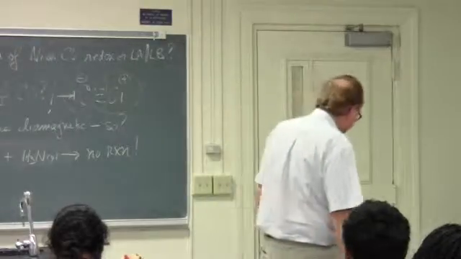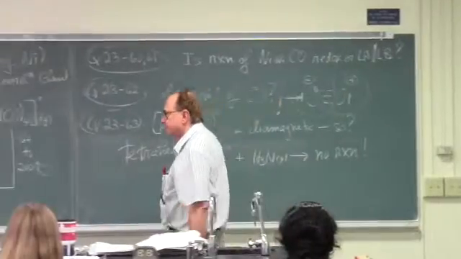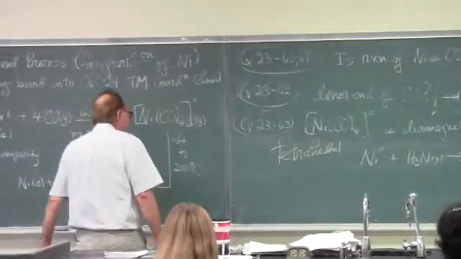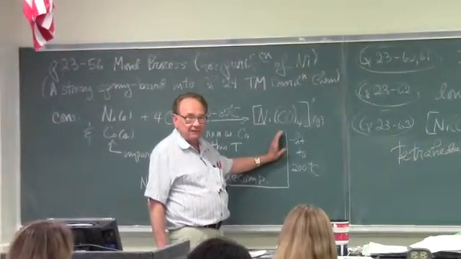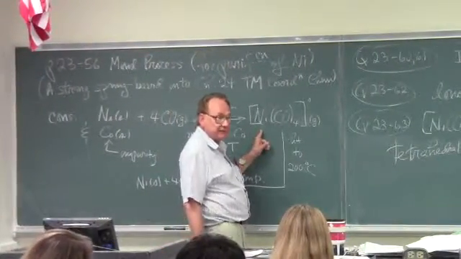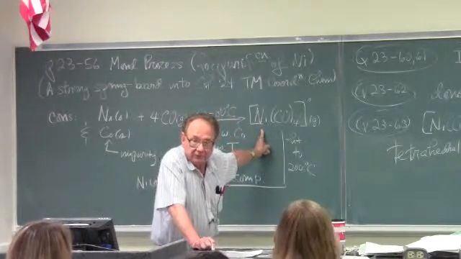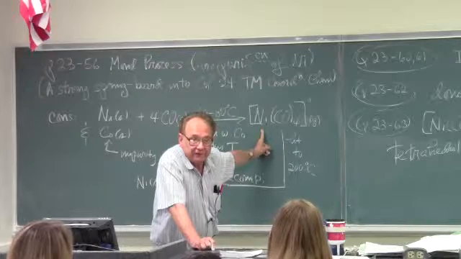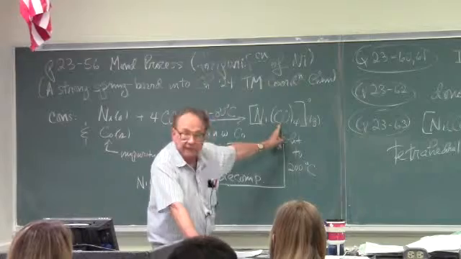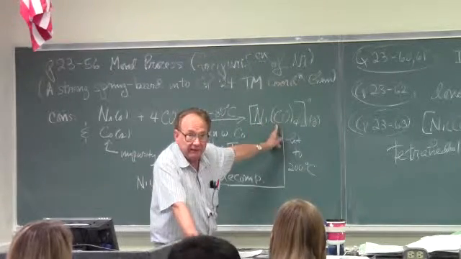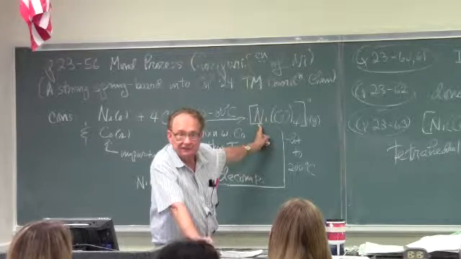Okay? Now then, isn't it interesting that nickel reacts with carbon monoxide to make a stable compound in which the nickel oxidation state of 0 has been preserved, which I'm sure is the first example you've ever seen of a compound containing a metal element with non-metal elements, where the non-metal element is not in a positive oxidation state.